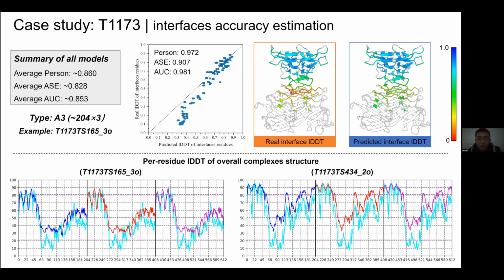The predicted accuracy is close to the real value on most of the residues. Although there are obvious differences in the loop located in the center of the structure, the trends in the variation of residue accuracy are close. The predicted pure residue LDDT can also well reflect the trend of real accuracy.